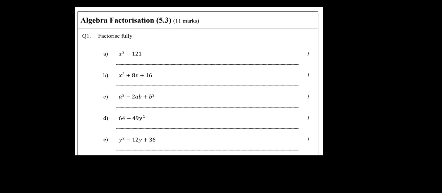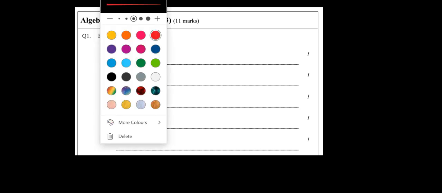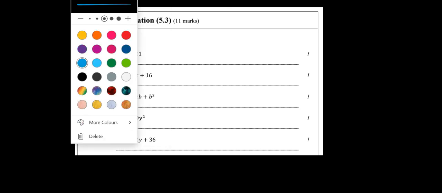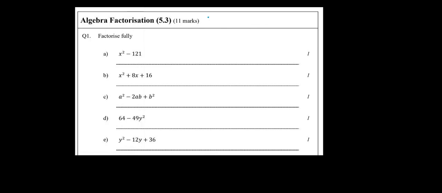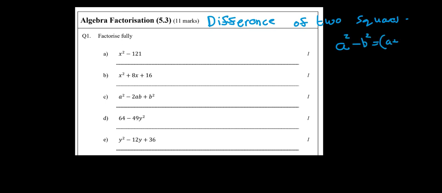Okay, so when we see something like this, it is called a difference of two squares, and they follow the format a squared minus b squared equals (a plus b)(a minus b).